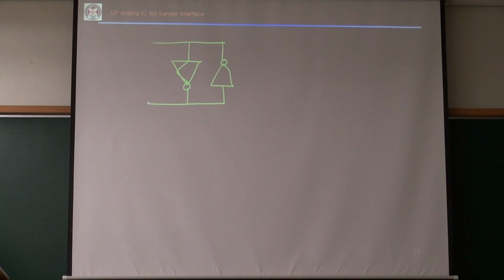If I have a differential mode voltage applied, then my current is VID divided by that 2 over gm. Is this 2 over gm? It's gm over 2 minus gm over 2 in parallel, right?